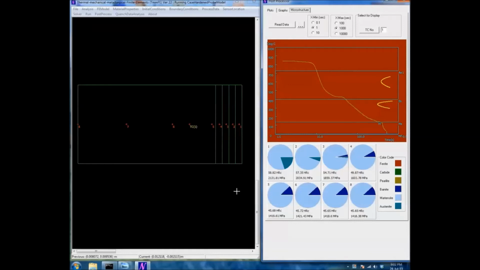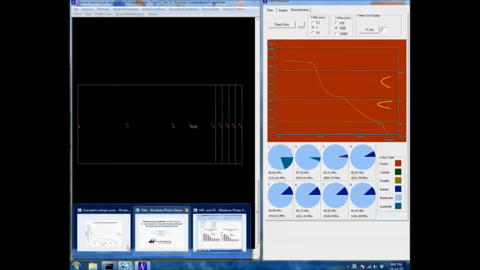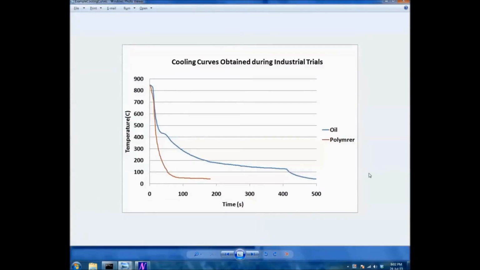We have considered 2 cooling curves for the analysis. One with the oil, shown in blue, has a typical slow cooling rate at around 420 degrees. The other one is a faster cooling obtained during polymer quenching.